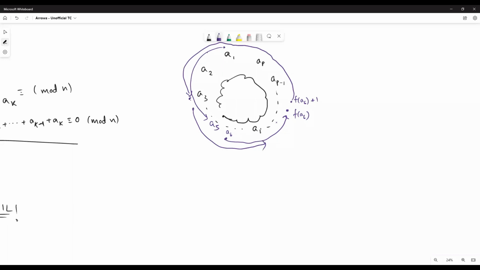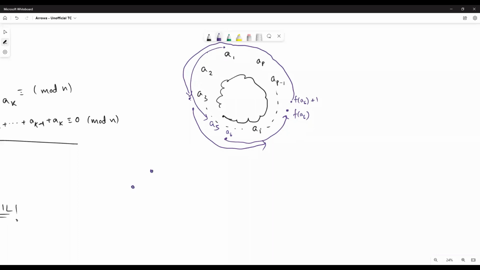Note that this thing has to reach the starting point. How should I say it? A vertex behind the starting point of some arrow, right?